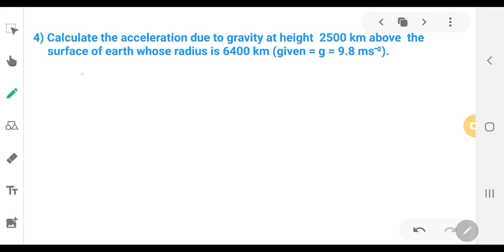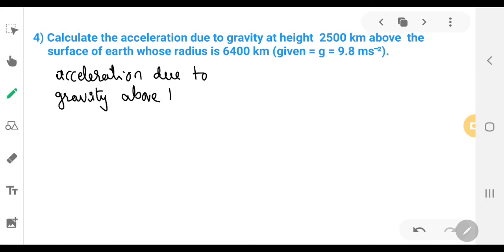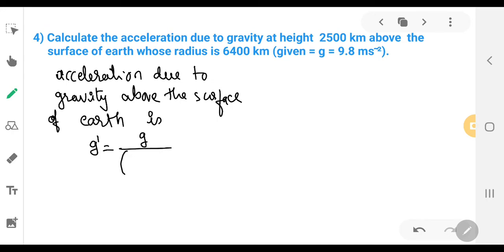The acceleration due to gravity above the surface of earth is g dash equal to g divided by 1 plus h by r the whole square. This equation is for large h value.